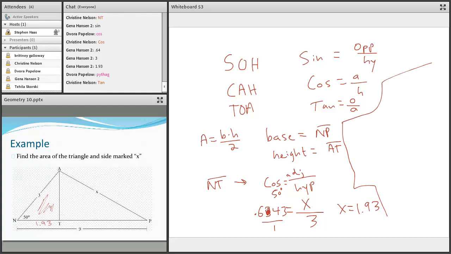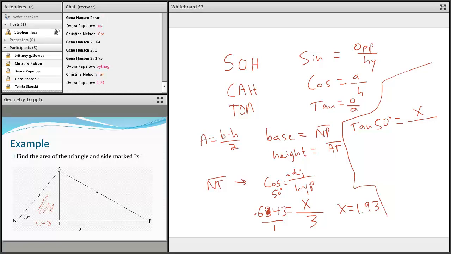Good idea. So the tangent of 50 degrees equals the opposite, which is x, over what are we going to put on the bottom? The adjacent side. What's the adjacent side? 1.93.